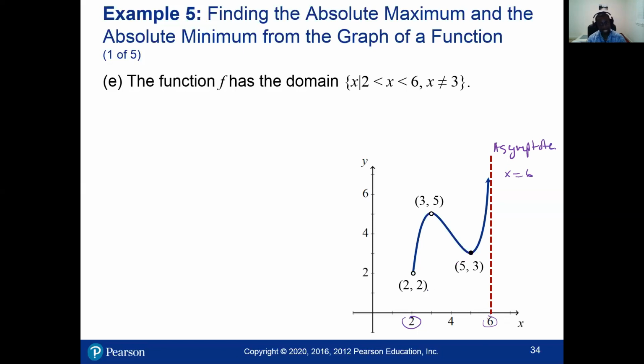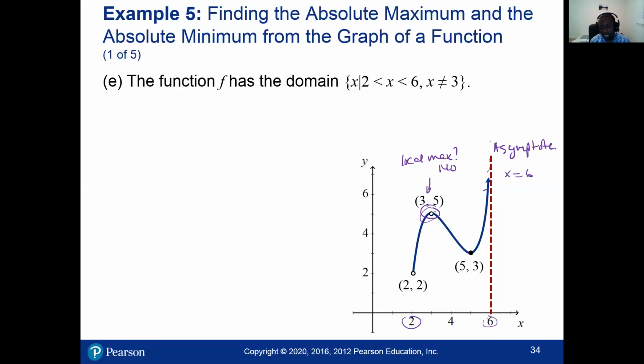Well, does it have an absolute maximum? It does not have an absolute maximum, because this point here is higher than this, but it keeps going. So we don't know. Now, will you say that this is a local maximum? No. Why?